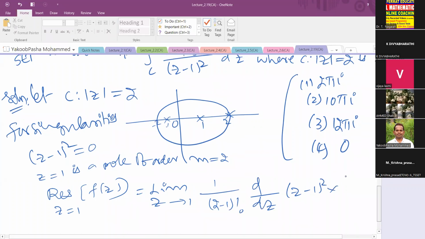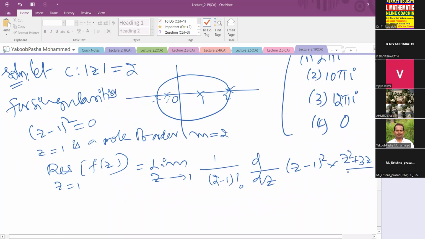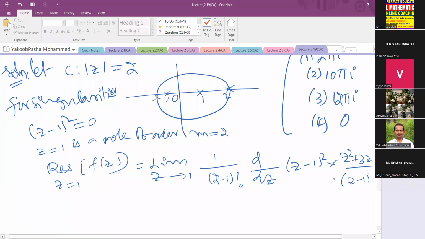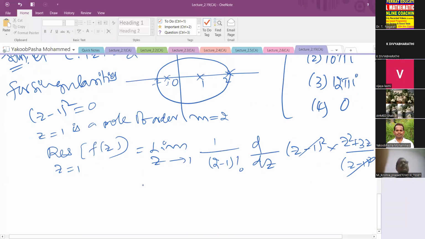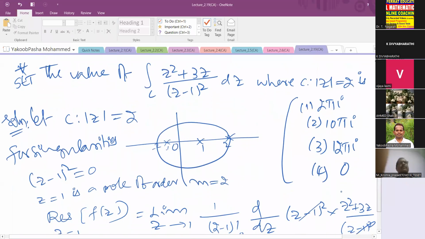Here f of z is z square plus 3z divided by z minus 1 whole square. Z minus 1 whole square will be cancelled. So the limit z tends to 1 of the derivative of z square plus 3z, which is 2z plus 3. Applying z equal to 1, we get 5, and this is the residue only, but we need to calculate the integral value.